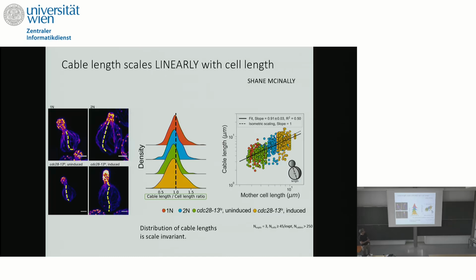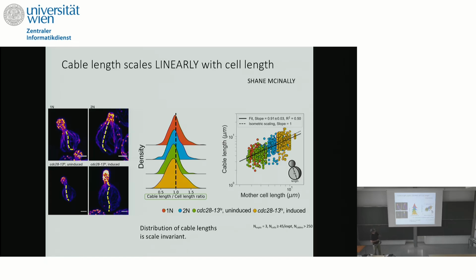And what we saw is that these distributions seem to be lying on top of each other. So we seem to see, in the sense that the data is limited, but given the best we can do experimentally, the distributions of lengths are scale invariant. So there's only one length in the problem, which is the cell length. It seems like the cell length, in other words, that's the whole distribution.